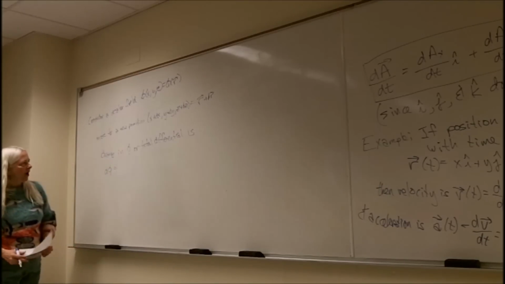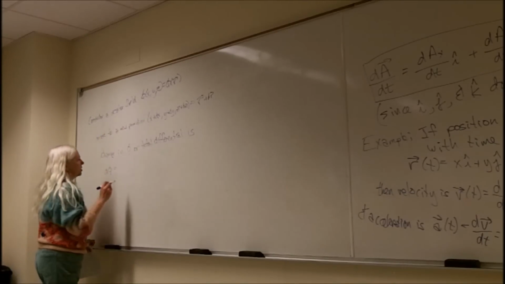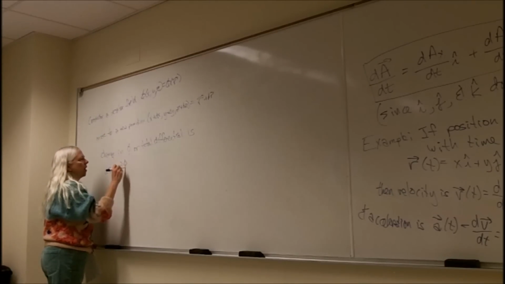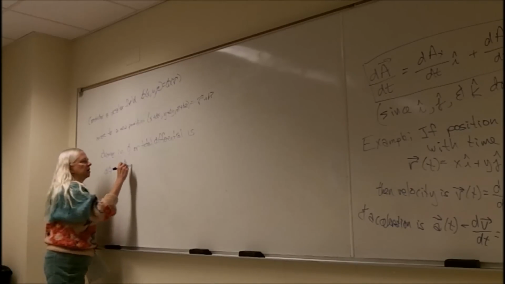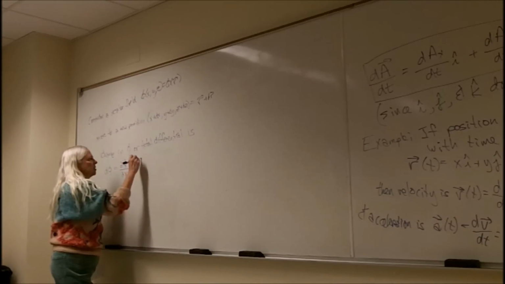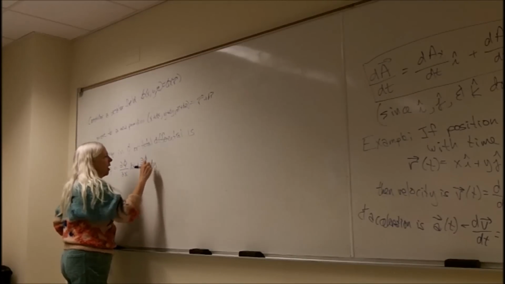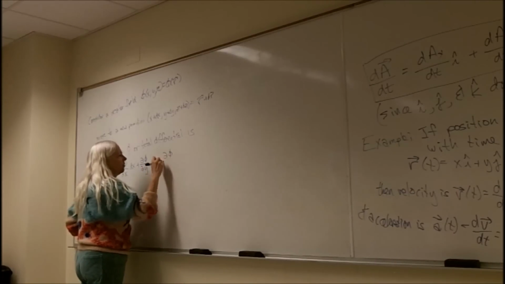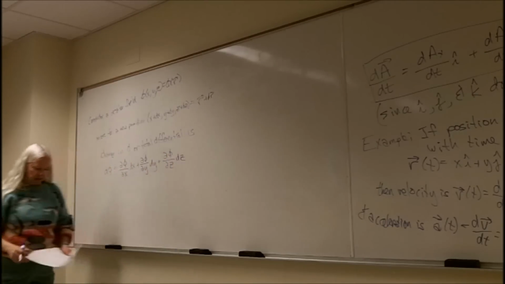In other words, d phi, the amount by which phi changes. Well, since phi is a function of three variables, x, y, and z, we can write this as the partial derivative of phi with respect to x times the change in x, or dx, plus the partial derivative of phi with respect to y times dy, plus the partial derivative of phi with respect to z times dz.